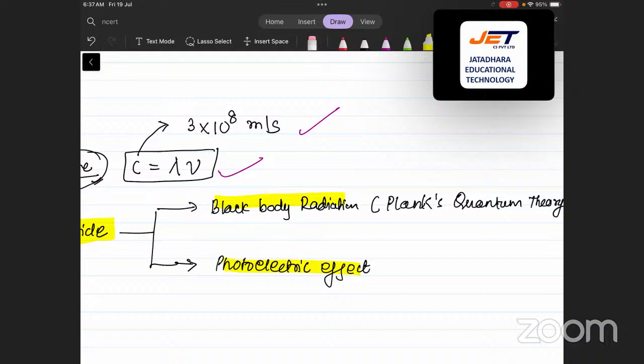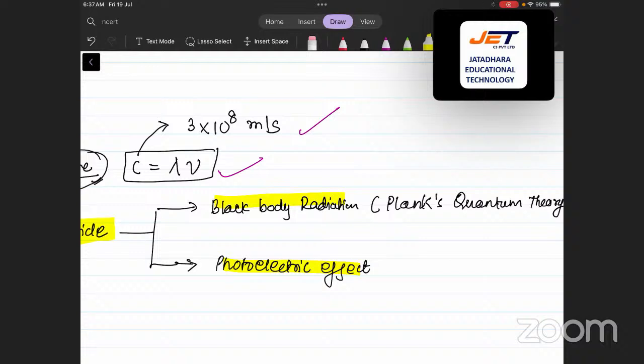For example, the sun and the stars that you see are emitting all kinds of radiations. So they are examples of the black body.